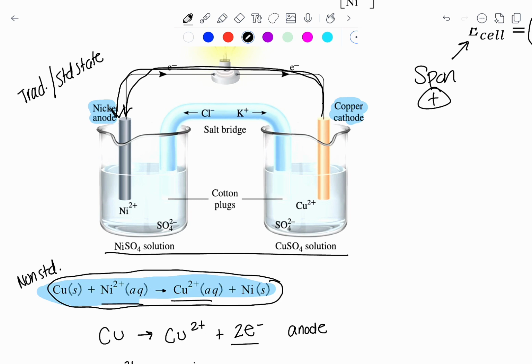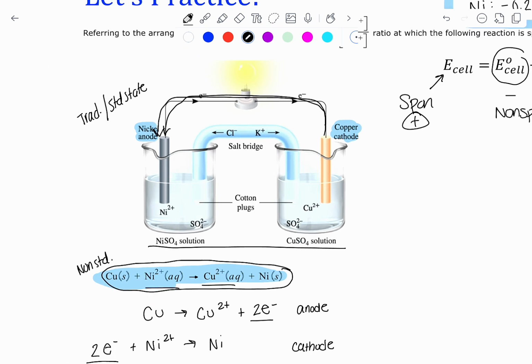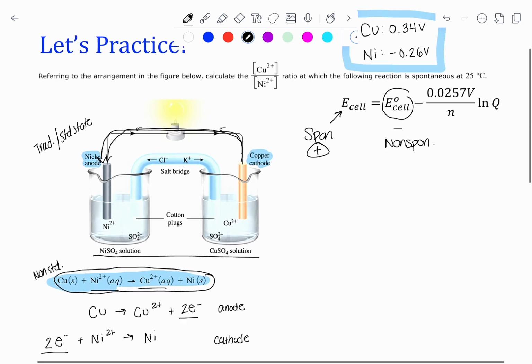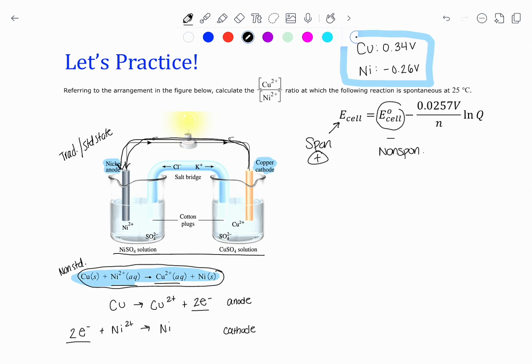Okay, so if we then go back to our definition here, I mentioned that E cell is going to be negative, and that's because of this reaction here. So if we do E cell naught is cathode minus anode, we are going to get that the cathode is nickel, negative 0.26 minus 0.34.